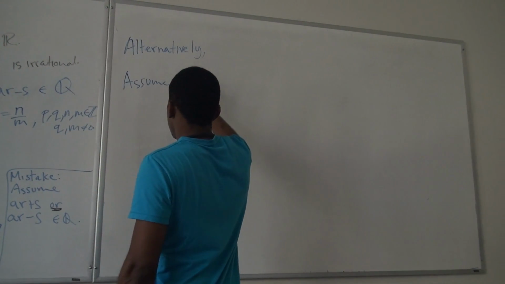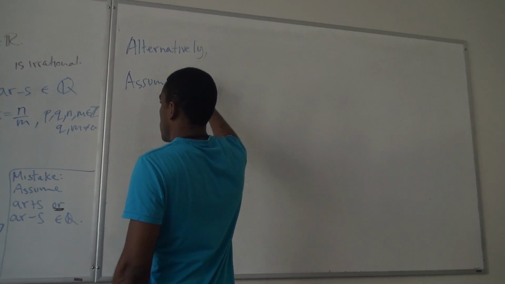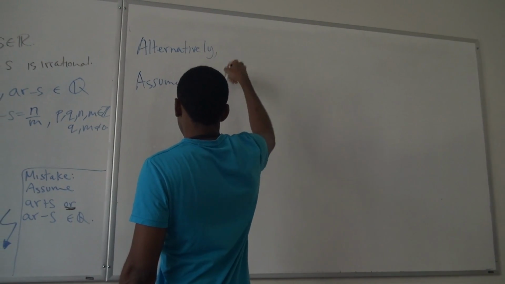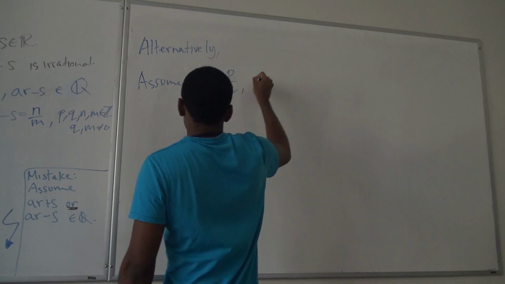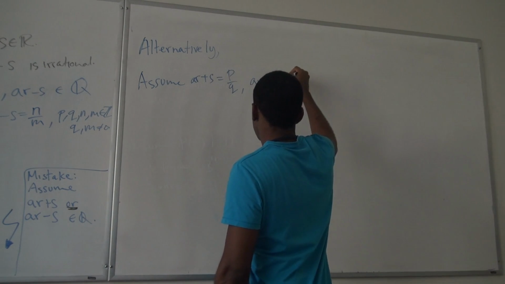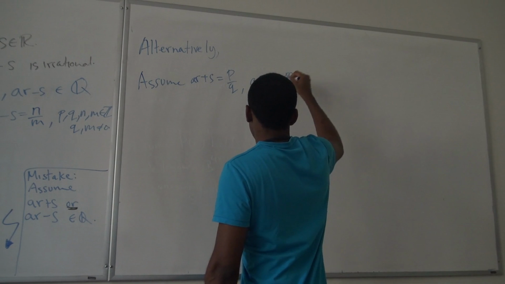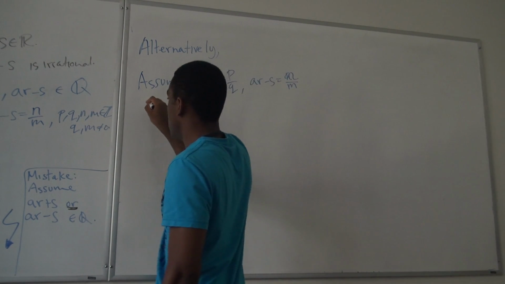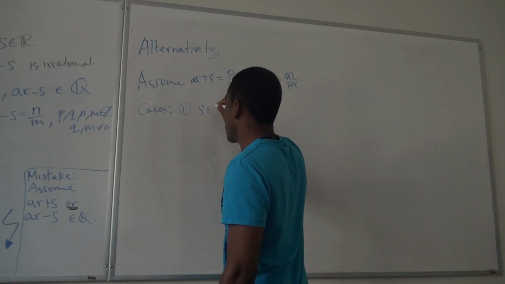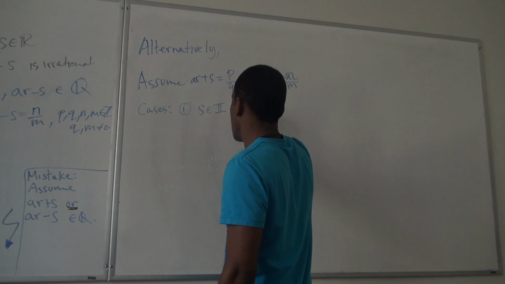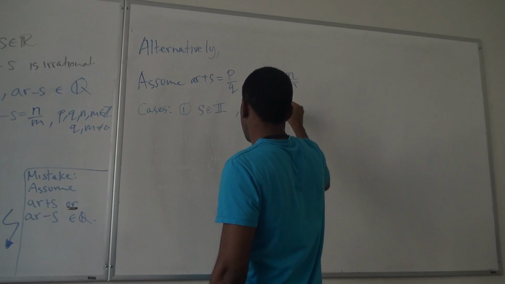So you assume AR plus S. Did you actually write these as fractions or no? Yeah. Okay, so assume this is P over Q, AR minus S is N over M. And then you did cases. So you said either S is irrational or S is rational.